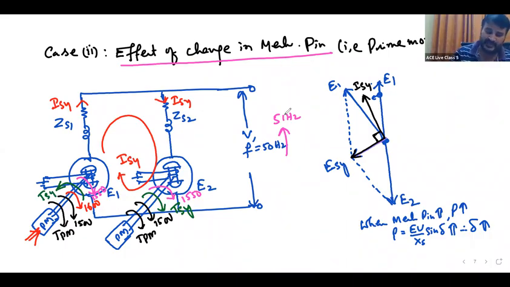Now tell me, to maintain the same frequency, I want 50 Hz frequency. What to do? Decrease the primary input of the second machine. The primary input of the second machine has to be decreased. Opposite action.